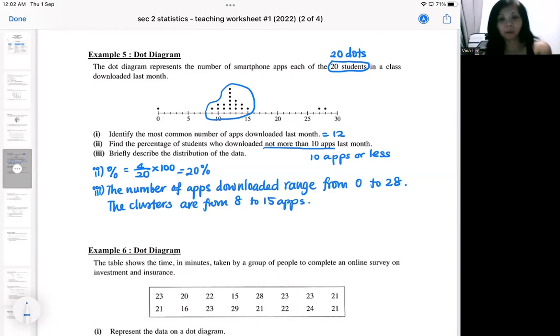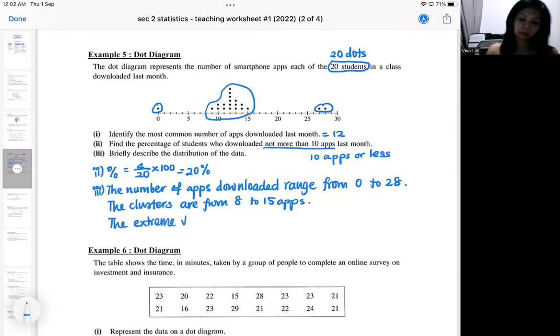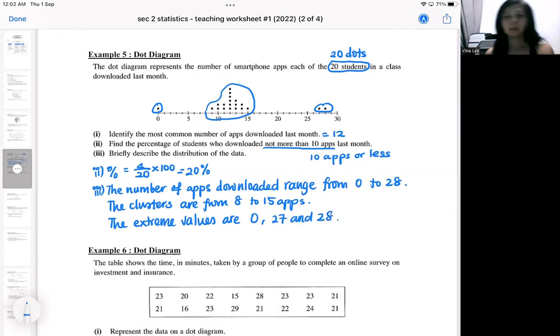There can be more than one cluster, that's quite possible. And then these are what we call the extreme values. The extreme values are 0, 27, and 28. Sometimes we also call them outliers.